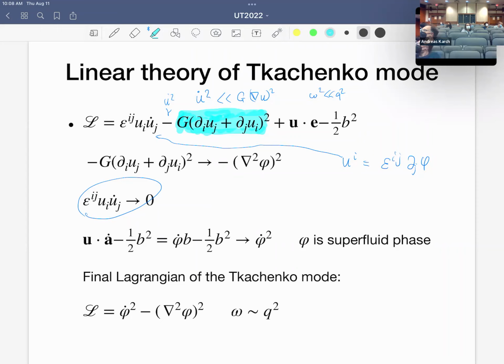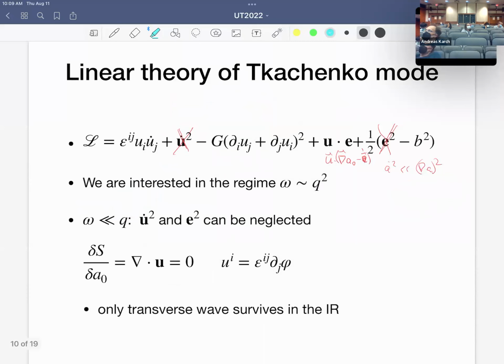What people did is to include both the u dot term and the u dot squared term. This Lagrangian is easy to solve with all the terms without neglecting anything, and one can verify that the terms that are dropped here can actually be dropped without changing the speed of the phi, the dispersion relation of the phi particles.